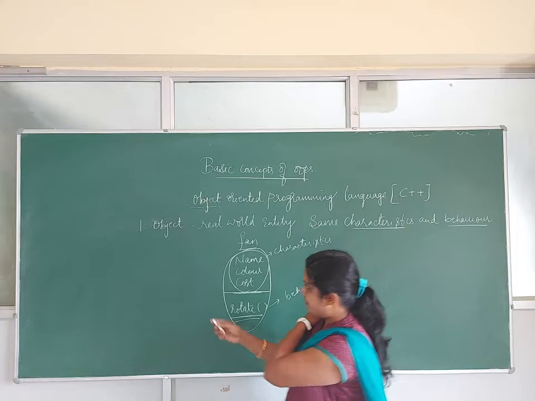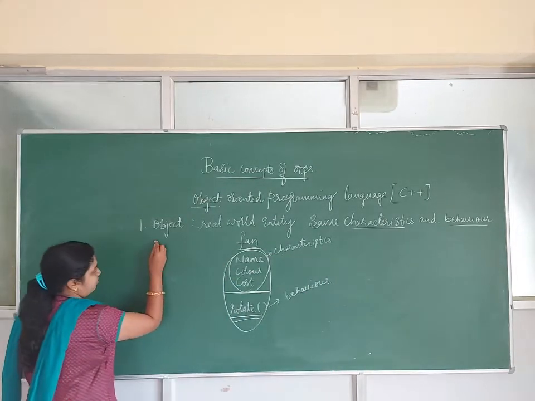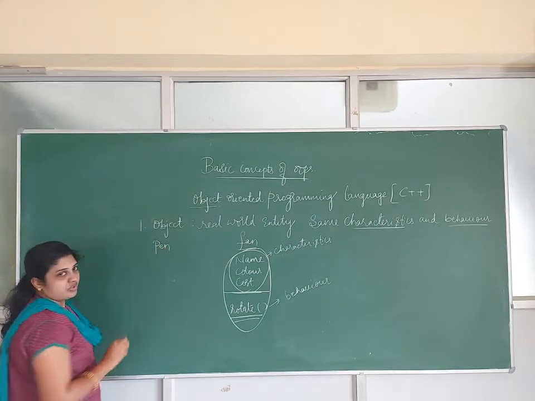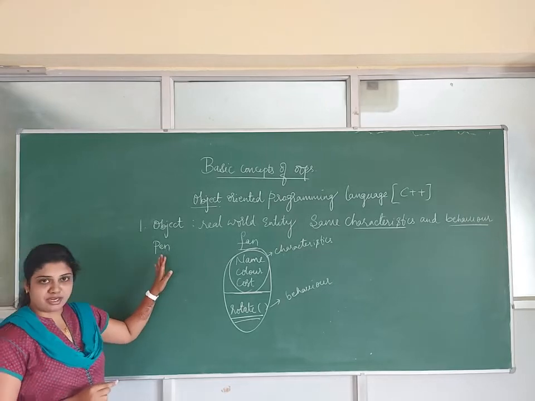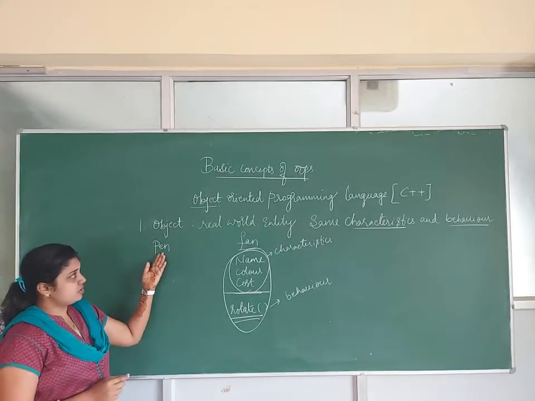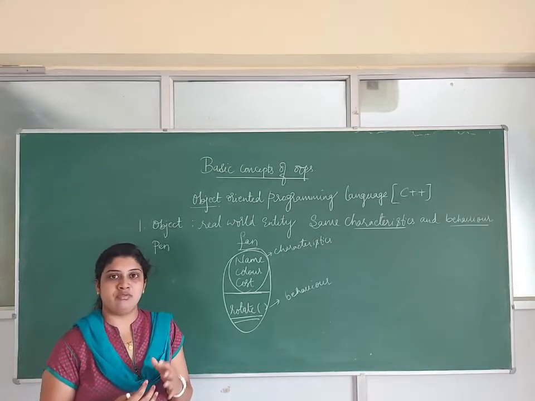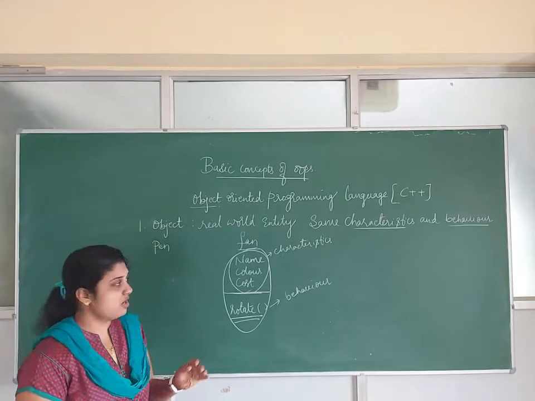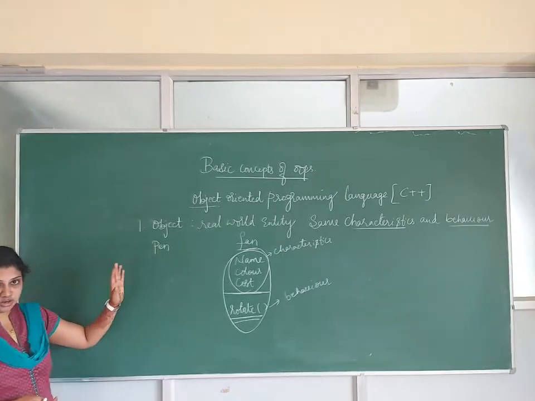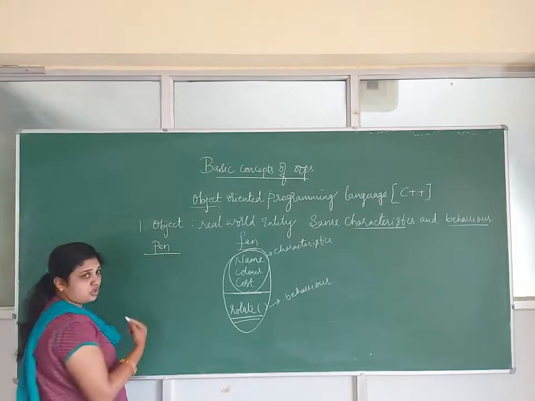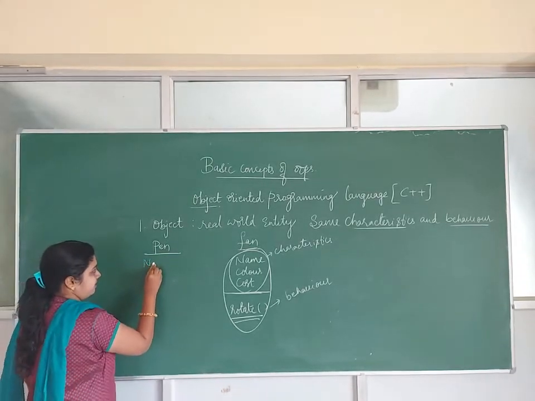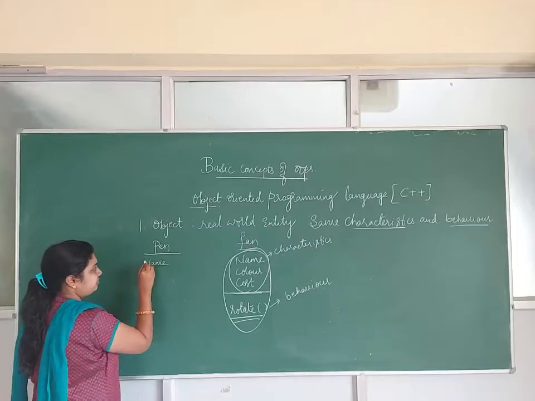And one more example I am going to take, that is pen. I can consider pen as an object. An object can be identified by some characteristics and behavior. So what are the characteristics of a pen? I can call the name, the name of a pen.